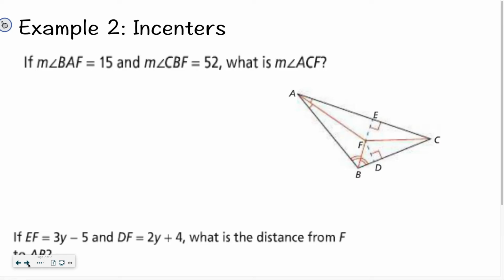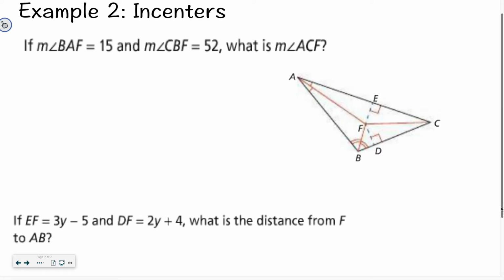Now let's look at what some of the questions with incenters would look like. With incenters, if we know that the measure of angle BAF equals 15 and the measure of angle CBF equals 52, what is the measure of angle ACF? Remember, incenters have to do with angle bisectors.